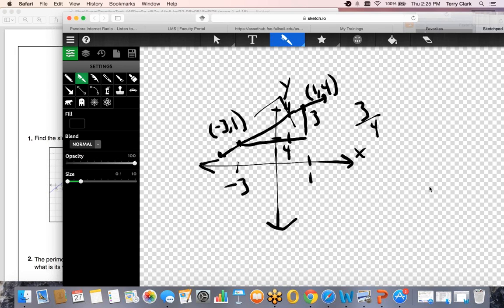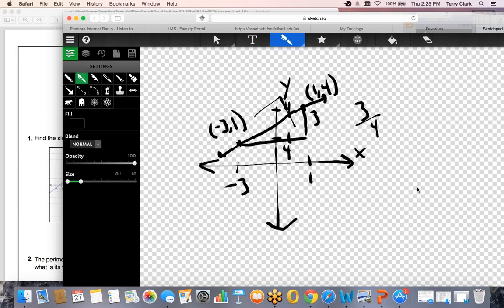No matter which order you put it in, you're still going to come up with the same answer. I wanted to put them right next to each other. I know I'm being finicky right now, but I just wanted to put them right up under each other so we could see it. Okay.